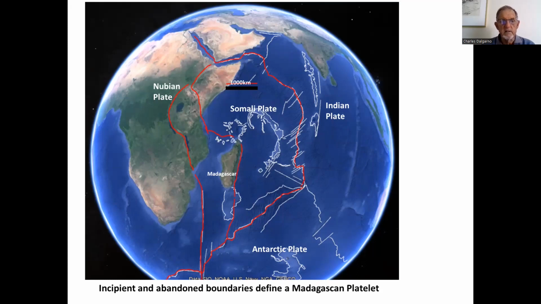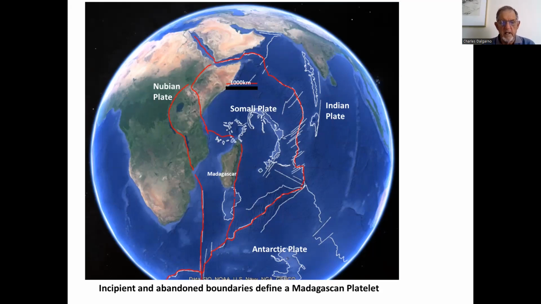And enclosed within that is this microcontinent just under the word Somali Plate, which is Seychelles, and it had its origin down there, nearer to Madagascar, when India had not started its journey by the opening of the Indian Ocean.